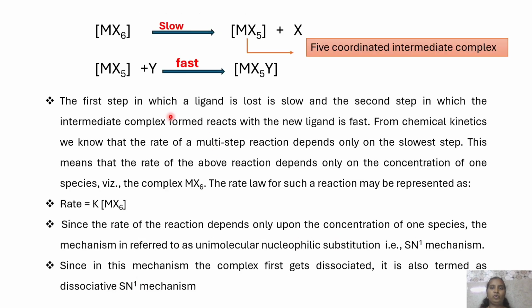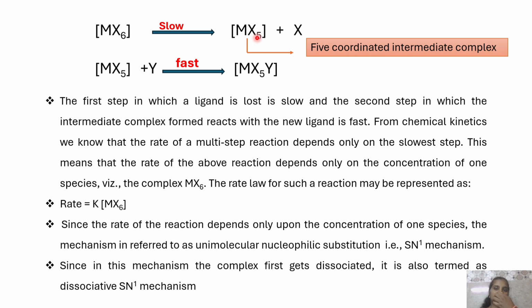See the steps involved in the substitution reaction mechanism. The complex we have taken is with the metal and the number of ligands is 6, so it is an octahedral complex. In the first step, loss of one of the ligands occurs.